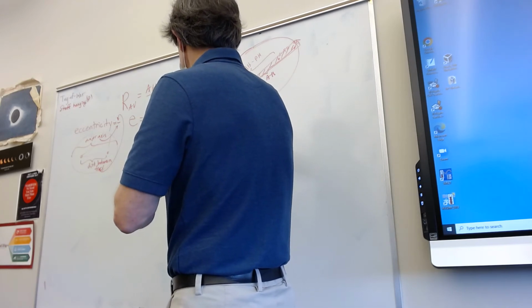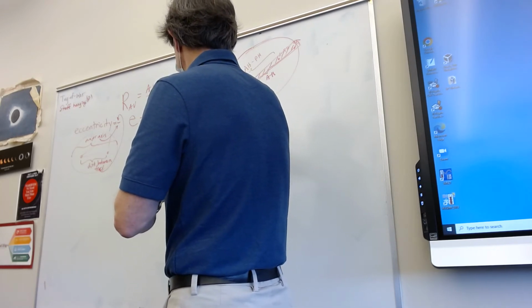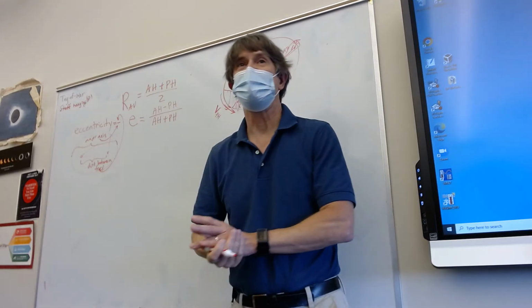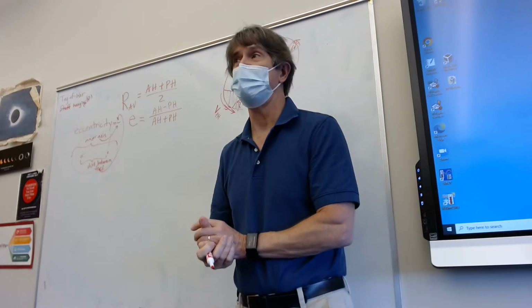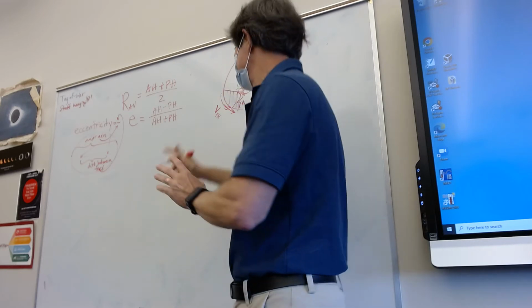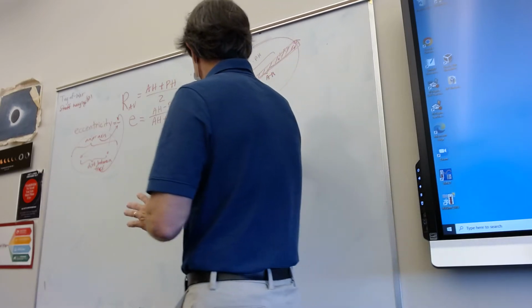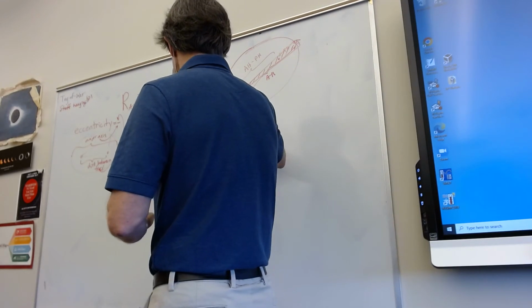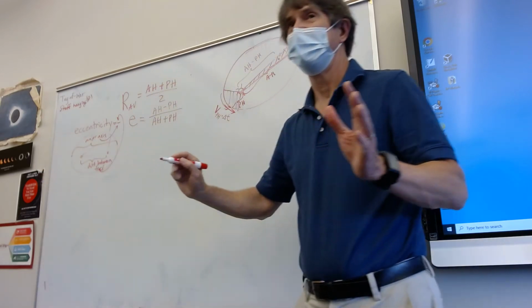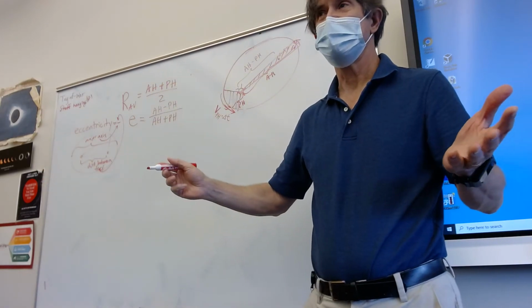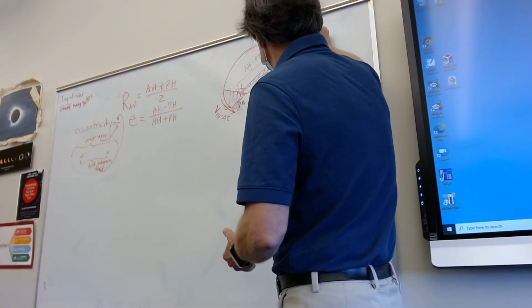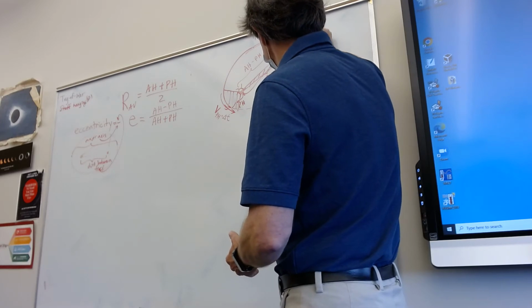By the way, if I pick certain times, then this here is the speed. When I say v sub perihelion, I mean the speed the planet is going at perihelion, when it's closest to the sun. If you multiply a speed times a time, what do you get? A distance. So this is like a distance, and this is like a distance here.